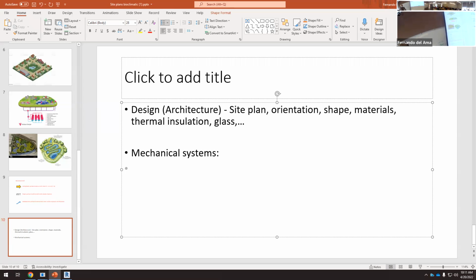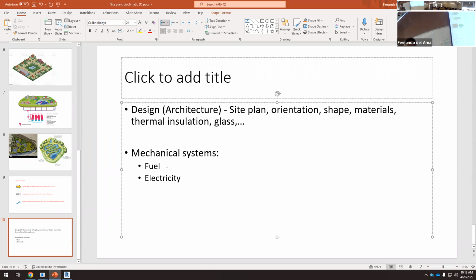But then we have mechanical systems. If we are deciding what kind of mechanical systems we are using, basically we have fuel or electricity. That's the first decision, or both. We can have fuel and electricity combined in the same building.